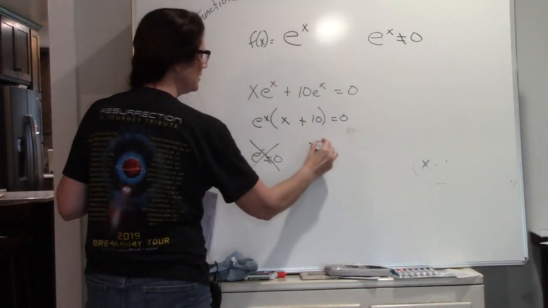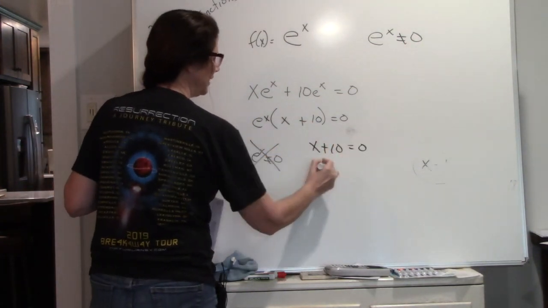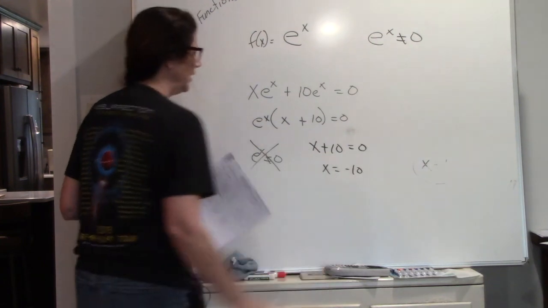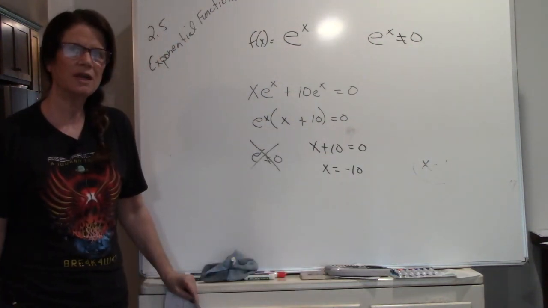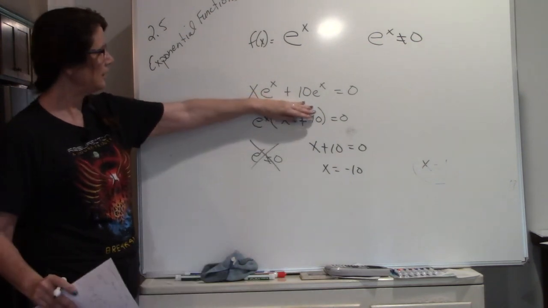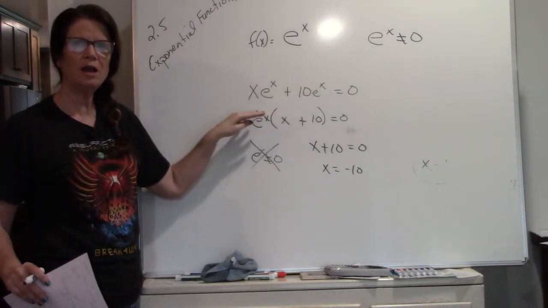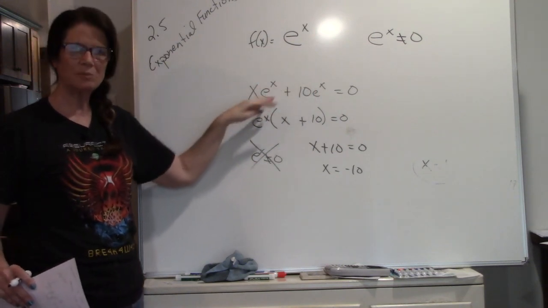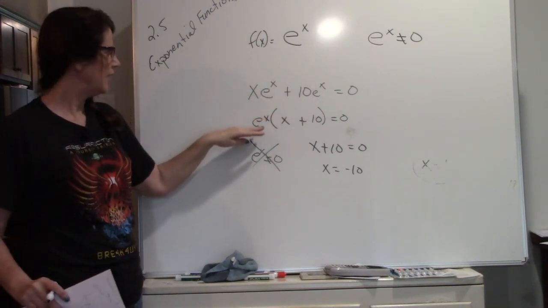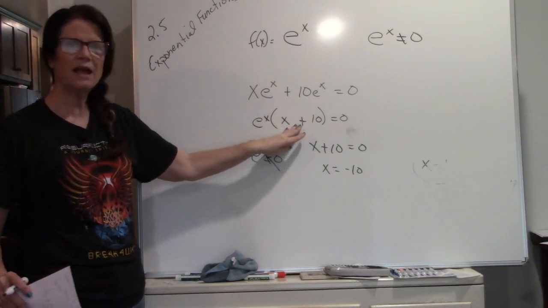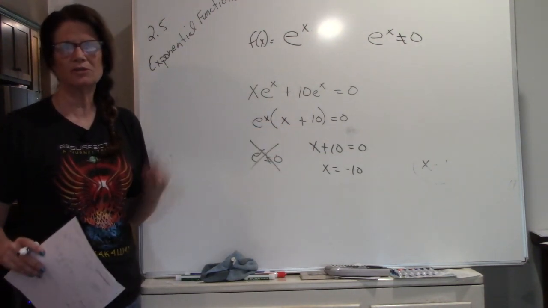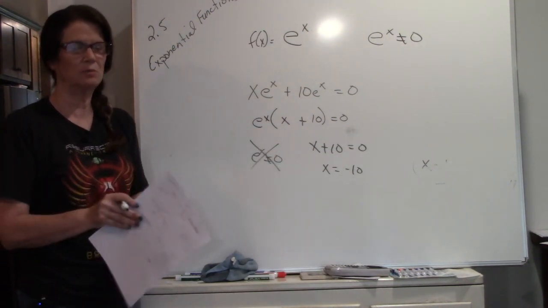But when I set this factor to 0, I can actually solve and get x equals -10. All right, so when you see an equation like this, just look at it and factor out what's in common. Normally it'll be something e to the something power. And then whatever's left, you can set to 0 and solve, just as if it was a factoring problem.